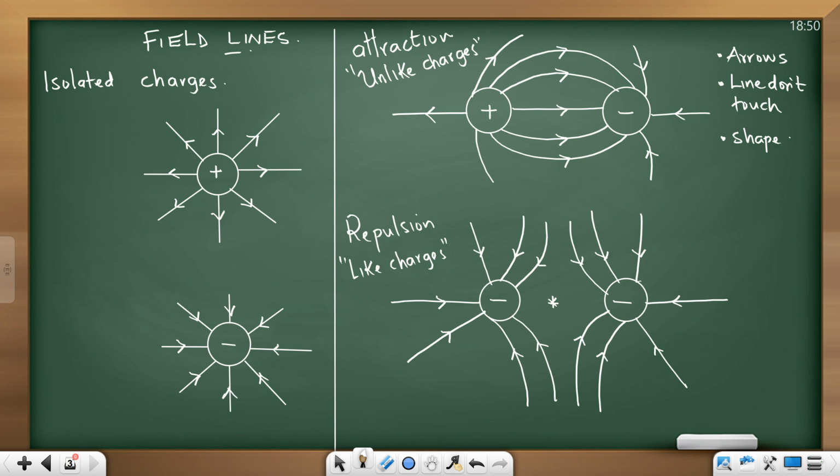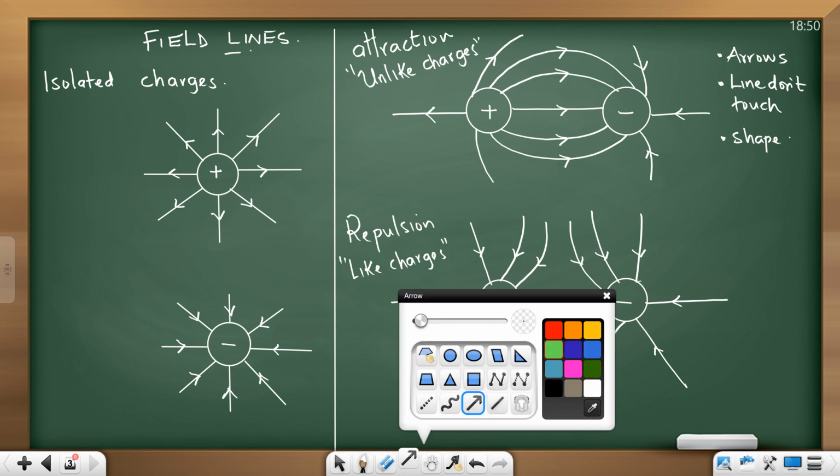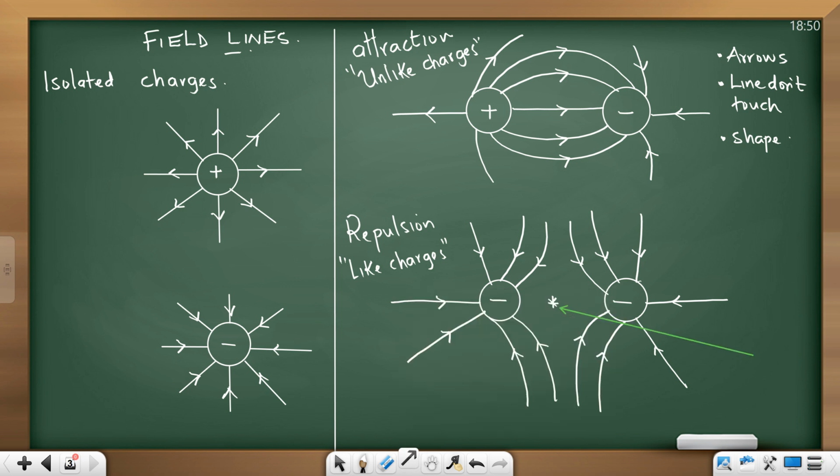And the star that I marked in the middle there, can somebody tell me what's going on there? What's peculiar about that point? Anybody? Somebody?